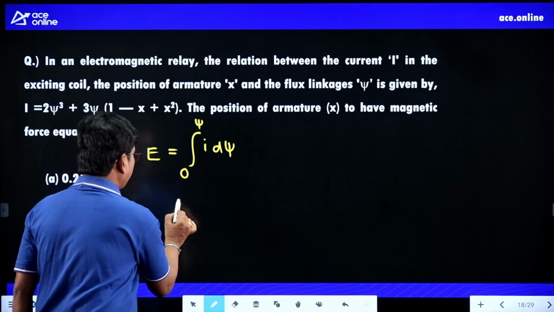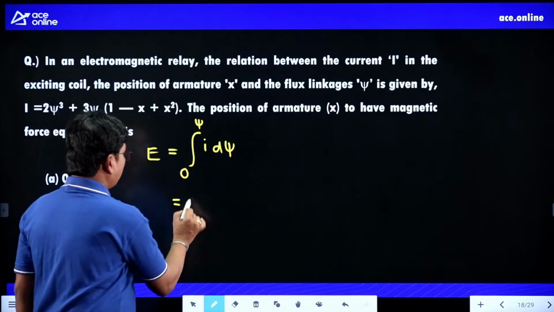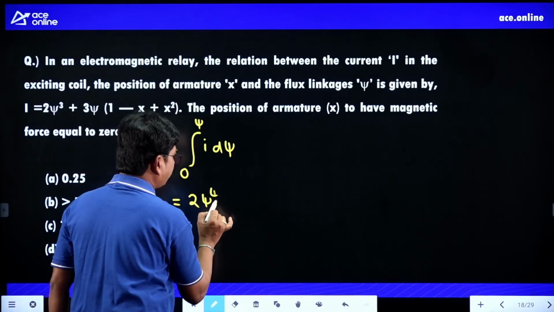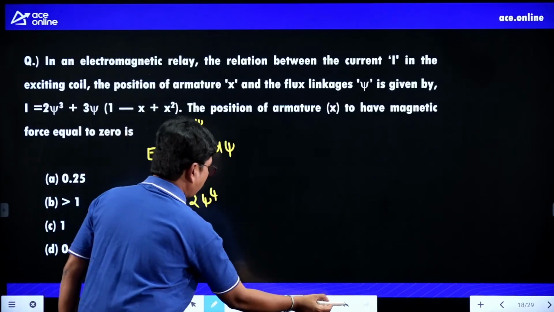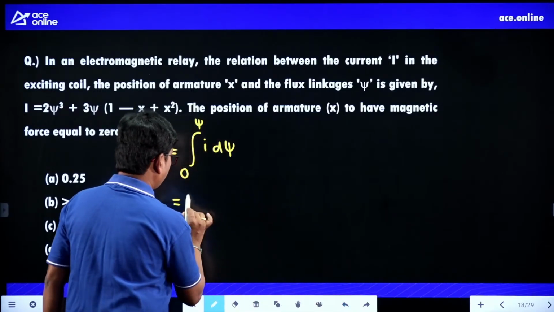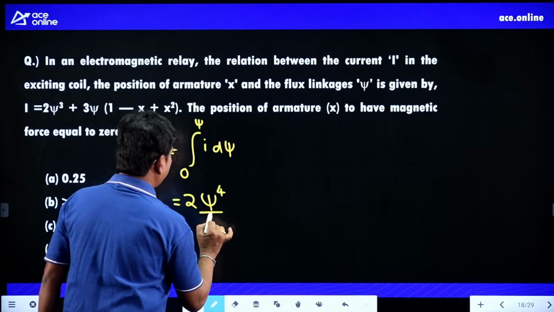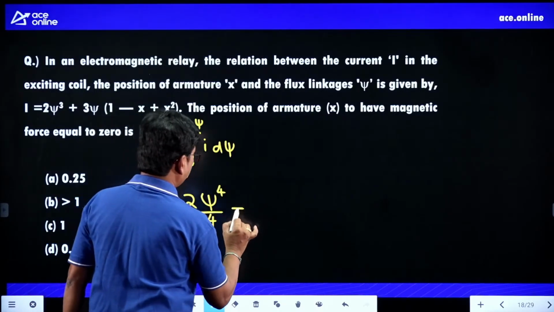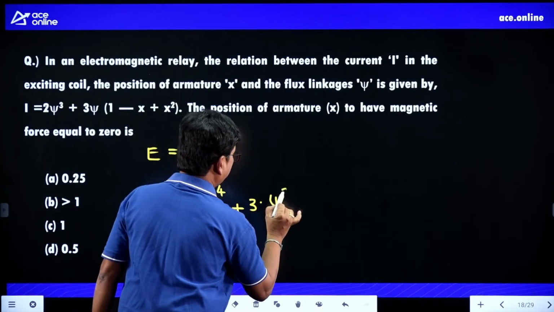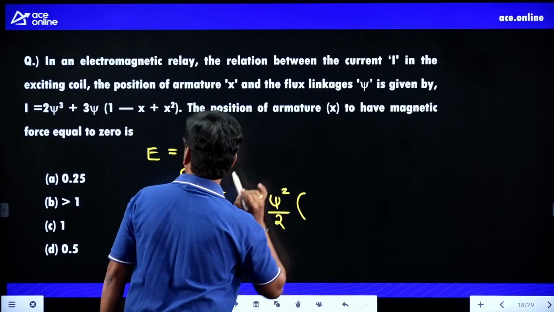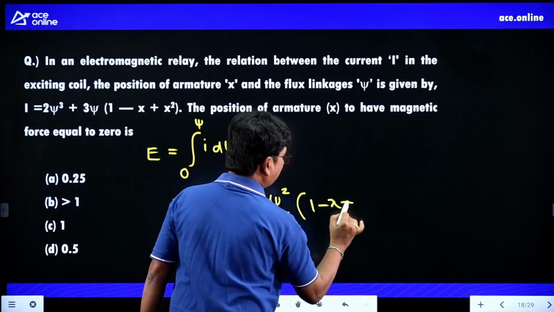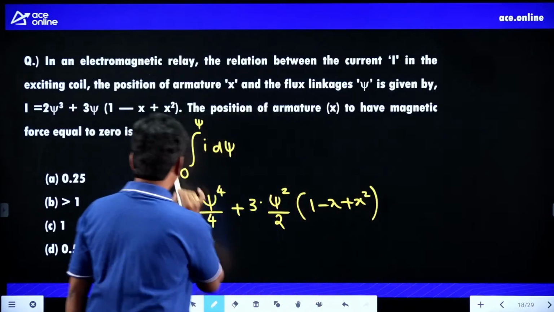Tell me what you are going to have here. This will be 2 psi power 4 divided by 4 plus 3 psi square divided by 2 into (1 minus x plus x square). This is the energy equation.